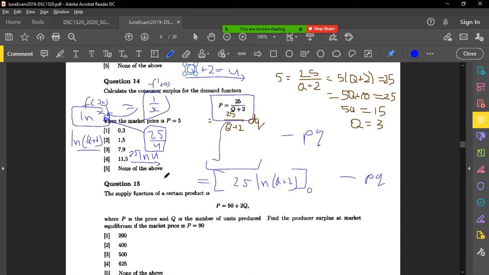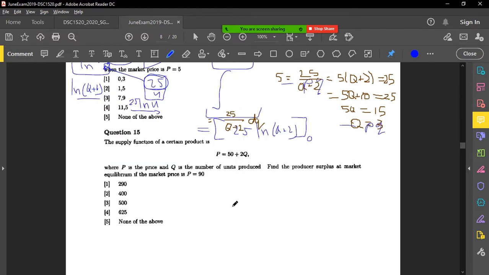Oh, okay, because with ln you can move the 25. Why does the 25 move in front of the ln? Because the 25 is a constant. So it's 25 ln u, because you're integrating.